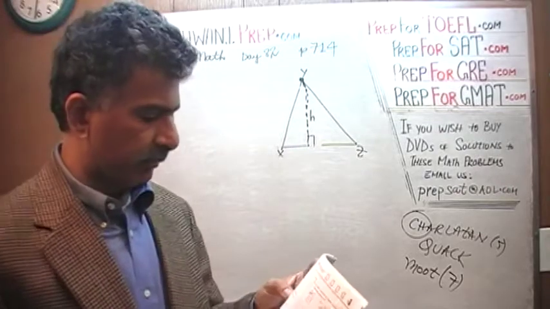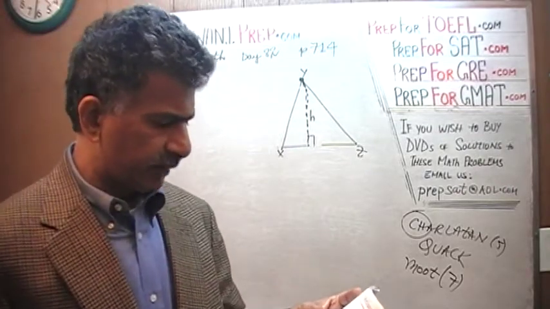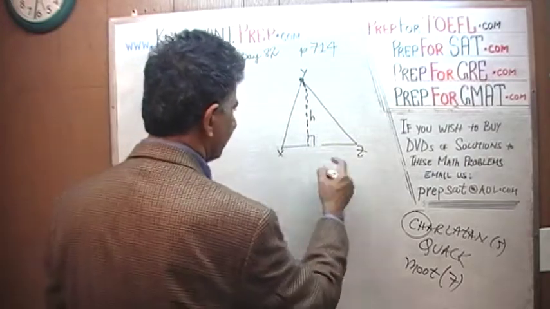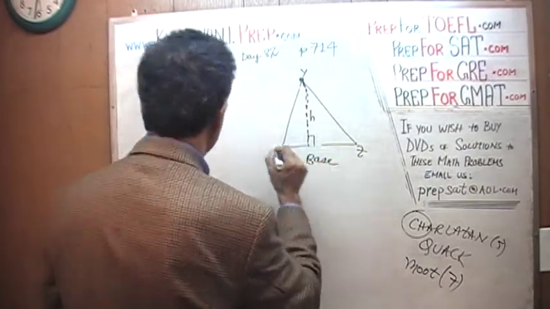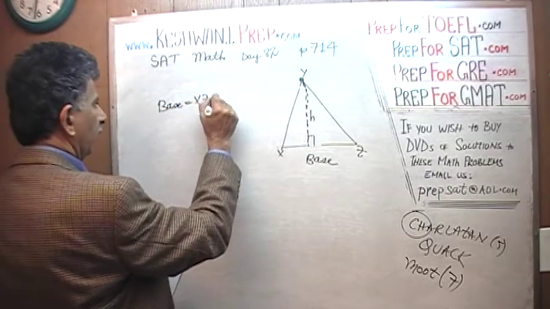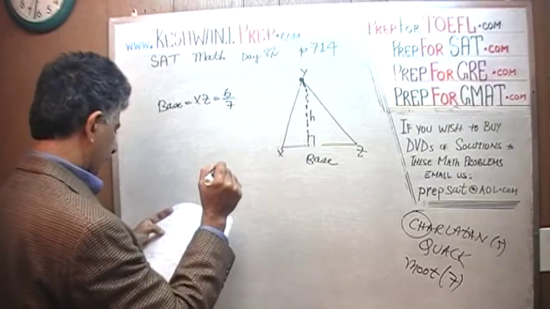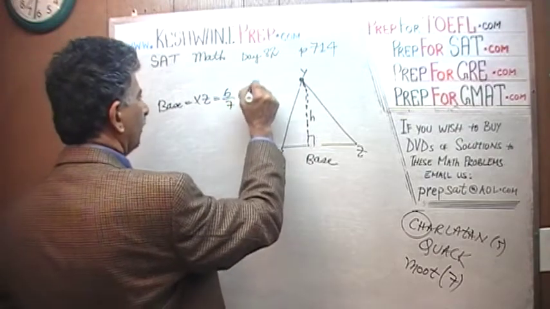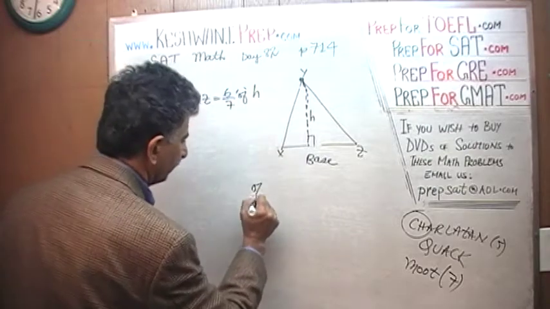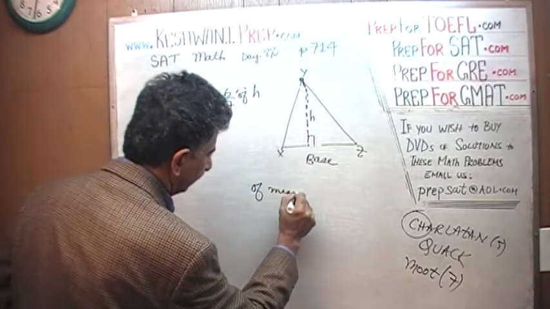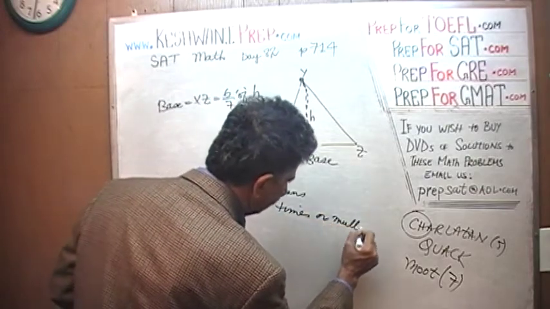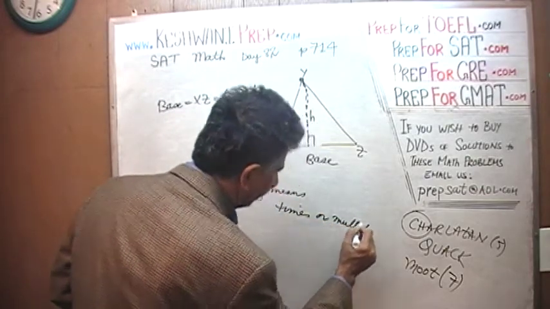By dropping a perpendicular. In this triangle we are told that x to z, which is the base, happens to be 6/7 of the height. What does of mean? Of means times, or multiply.